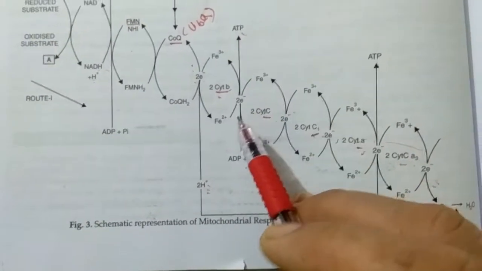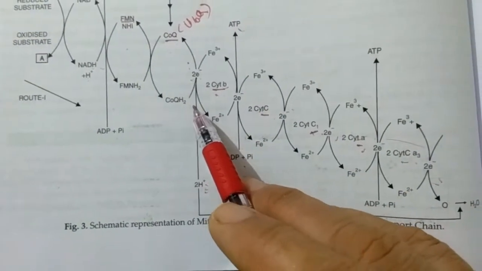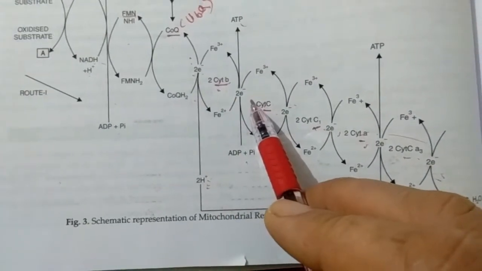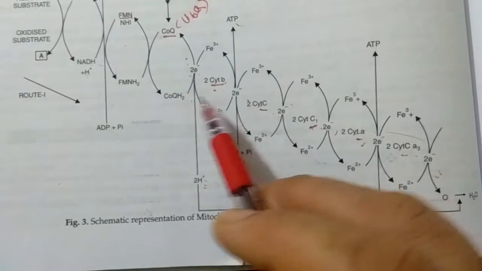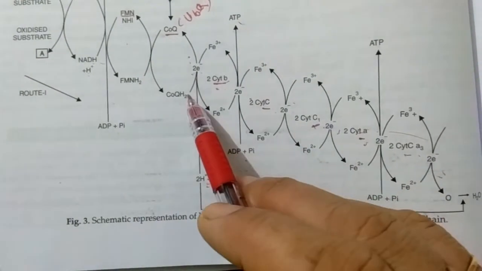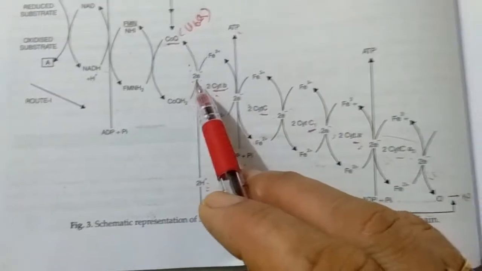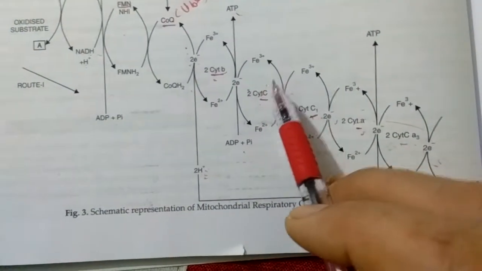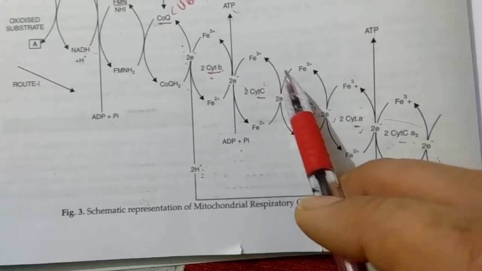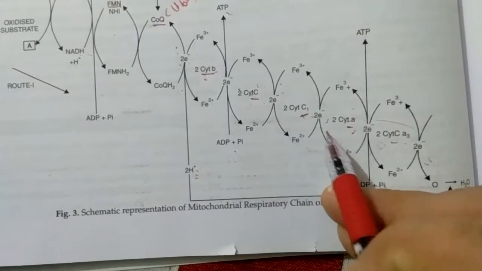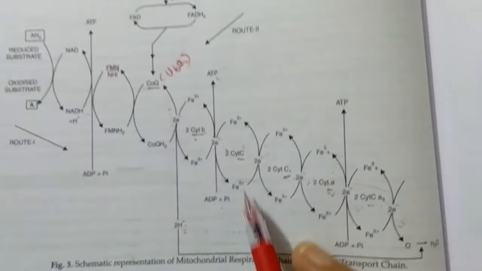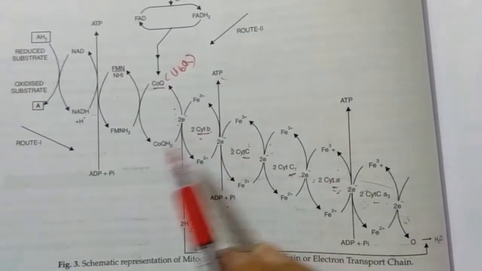Once any of the electron carriers receives the electron, it becomes reduced, and once it donates the electron, it becomes oxidized. So it is an oxidation reduction reaction, or redox reaction, in the presence of the enzyme reductase.